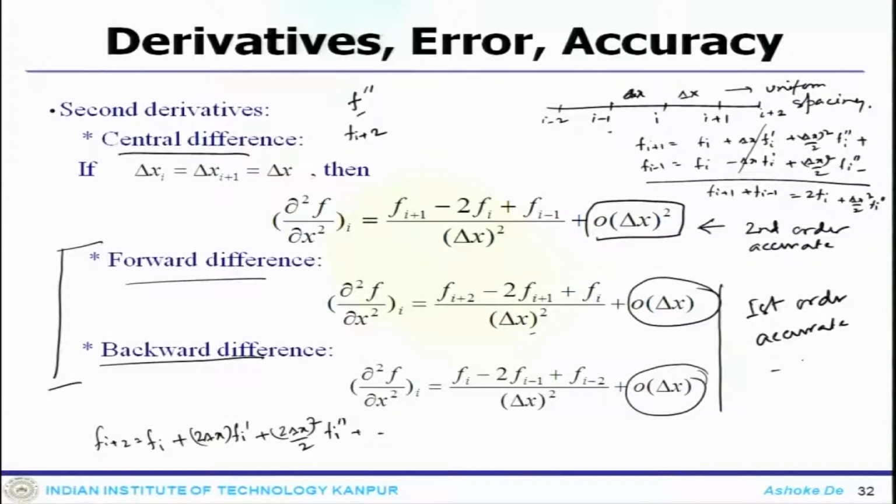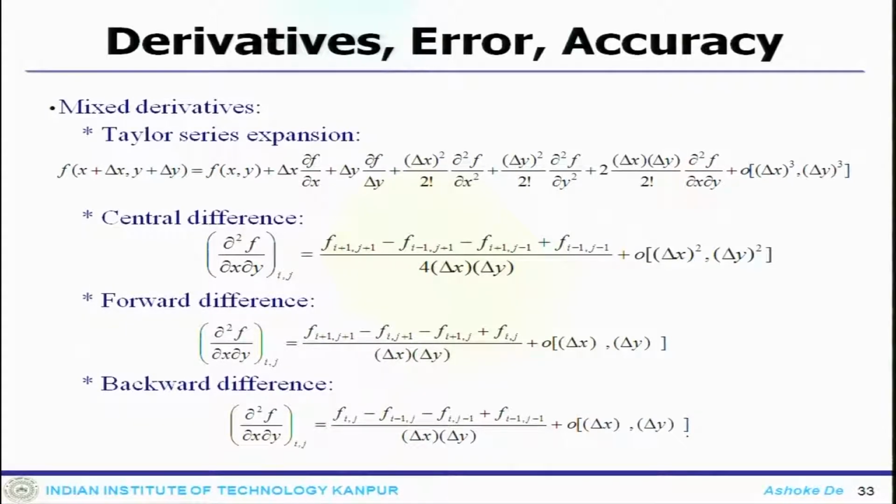At the same time, the central difference scheme is always second order accurate, whether we use a 3 point stencil or 5 point stencil. This is an important thing to note: how you evaluate your derivative and then you get your schemes.